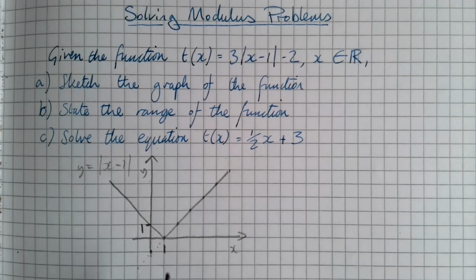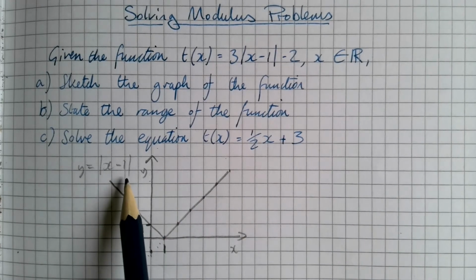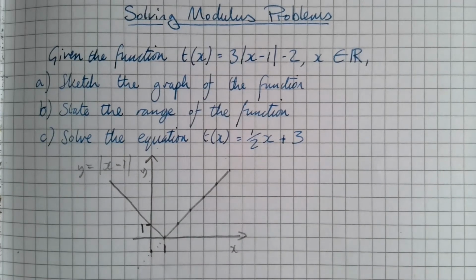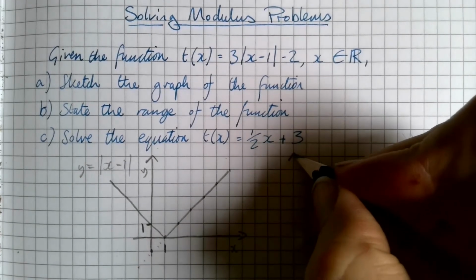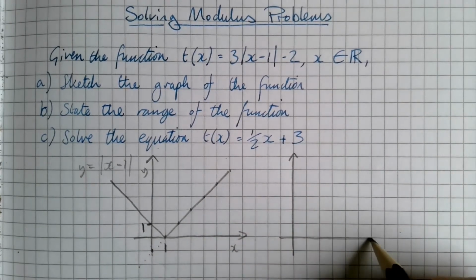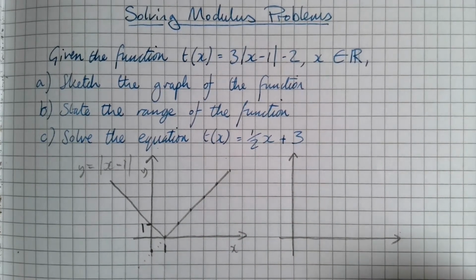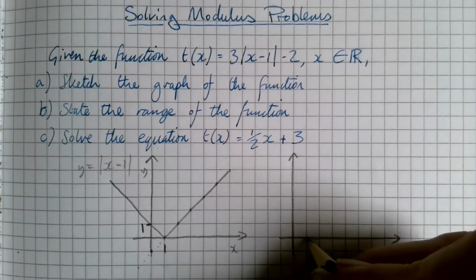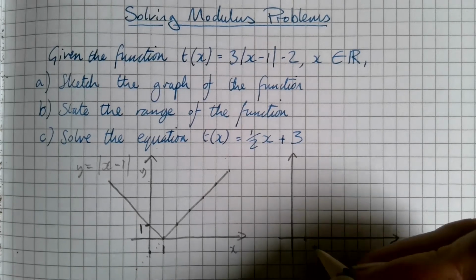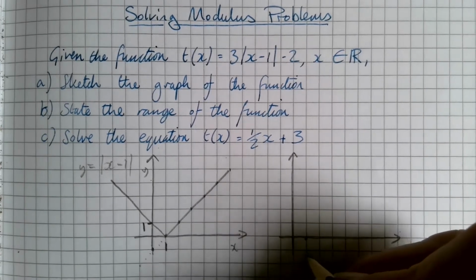Moving on. We then need to do this bit outside the bracket here. So if we make another little sketch at this point, we know that everything is going to be tripled in terms of your result, so that's going to stretch it upwards, isn't it?